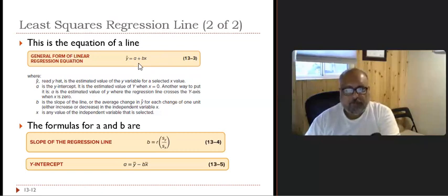Let's say if we set the value of x to 0, then we get y is equal to a. That means, when x is 0, what is the value of y? That means where does this line intersect the y-axis? Okay, so a in the equation is the y-intercept, and b is the slope.